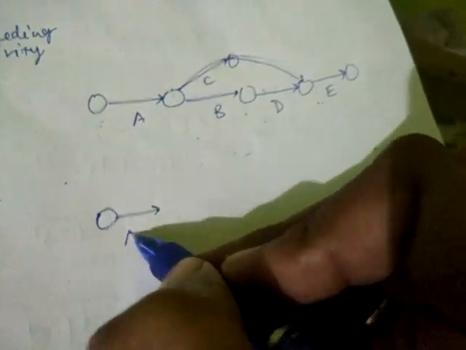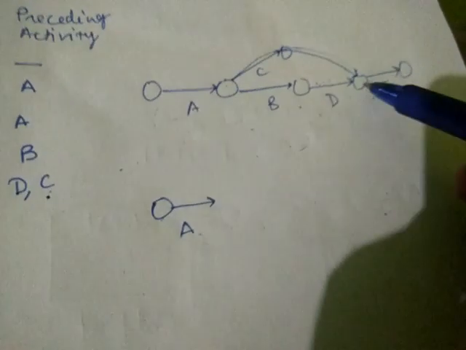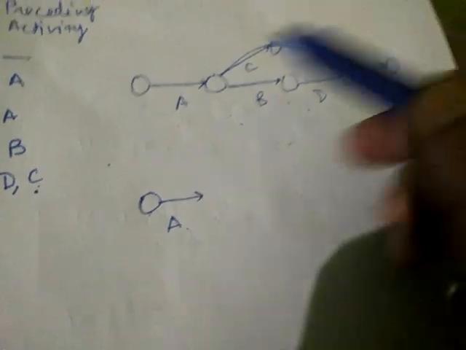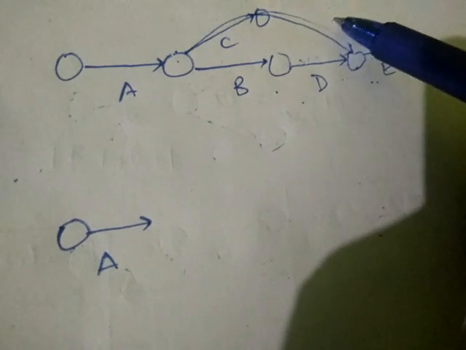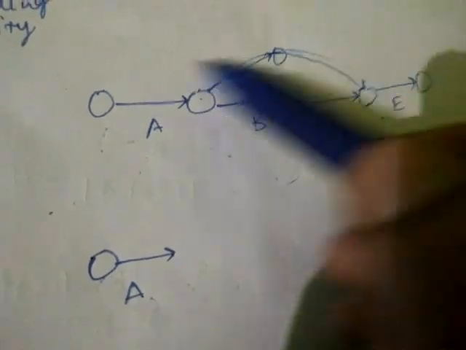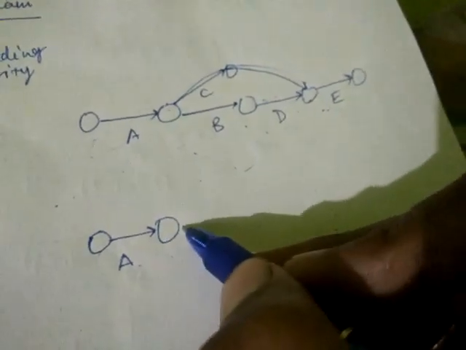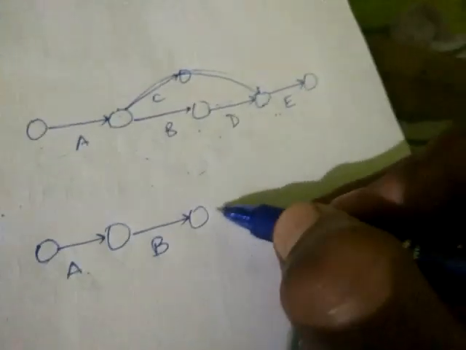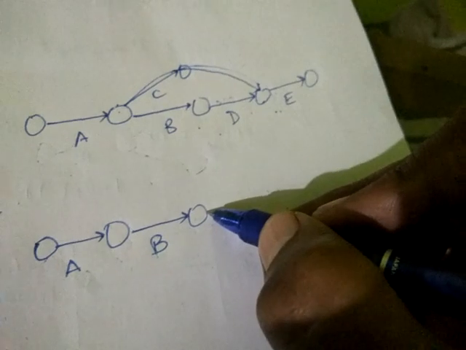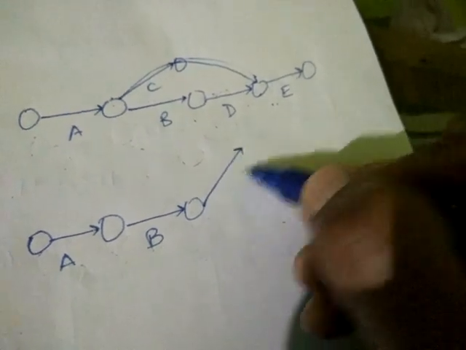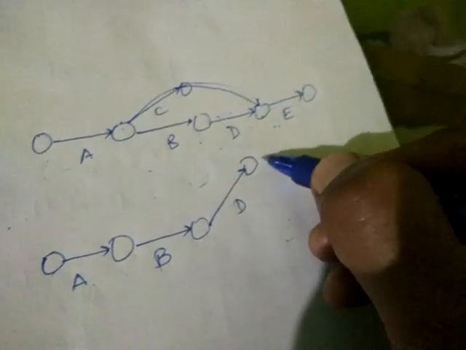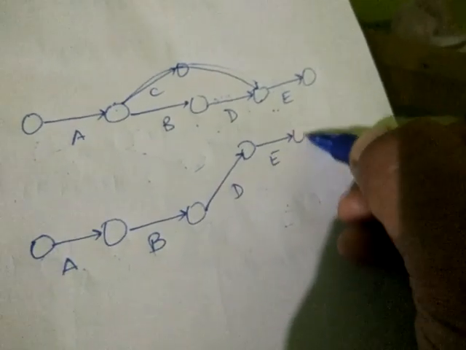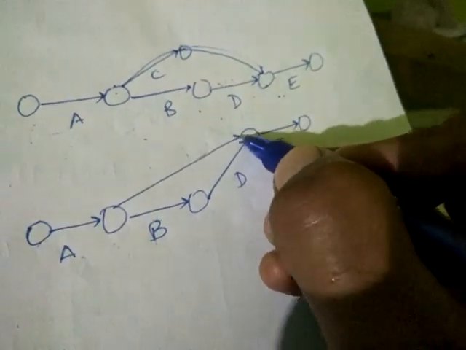How it can be improved: अगर ये D ऐसे थोड़ा आ जाए तो C ऐसे चला जाएगा. देखिए what I am saying, अगर ये ऐसे हो जाए D और यहाँ से E start हो, तो ये C सीधा यहाँ पे आ सकता है. So this is what I am doing: A, then B, then I said कि अगर ये D थोड़ा सा ऐसे हो जाए, और ये फिर E हो जाए और फिर यहाँ से ये C हो जाए.